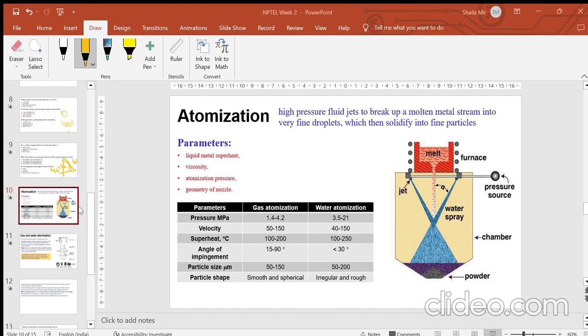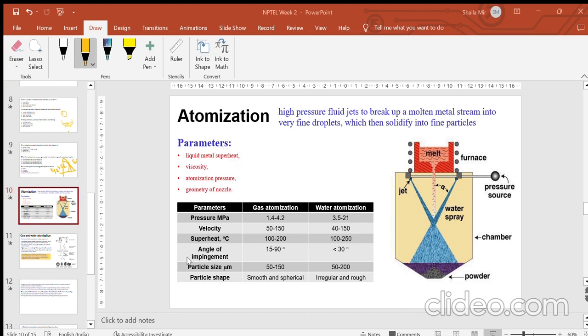We also have some superheat. For gas atomization we have 100 to 200 degrees of superheat, but for water atomization we have 100 to 250. That means for water atomization you should have a larger superheat as compared to gas atomization. We will cover in a while why this is required.